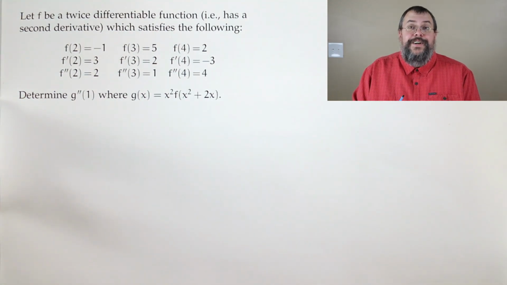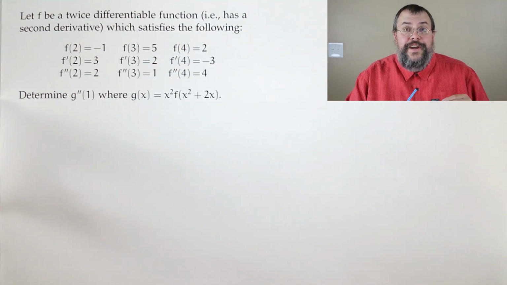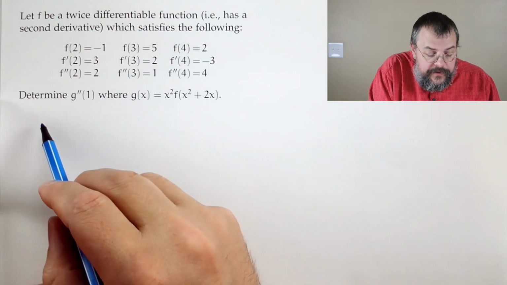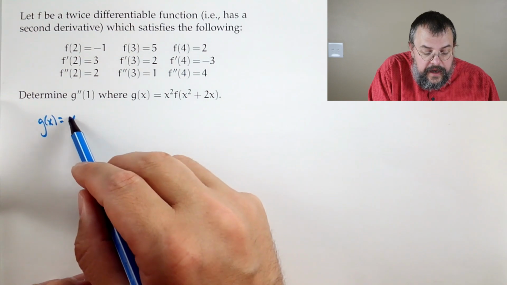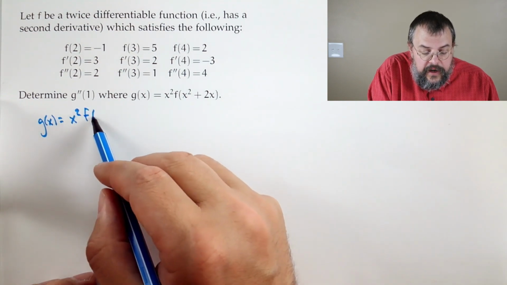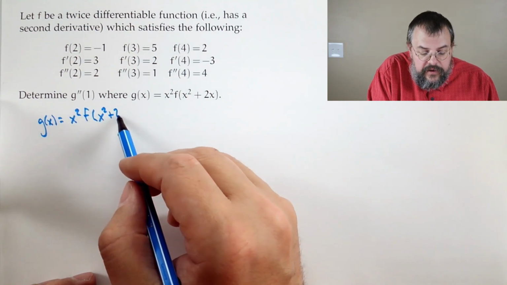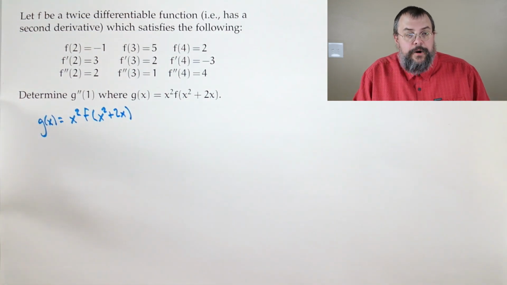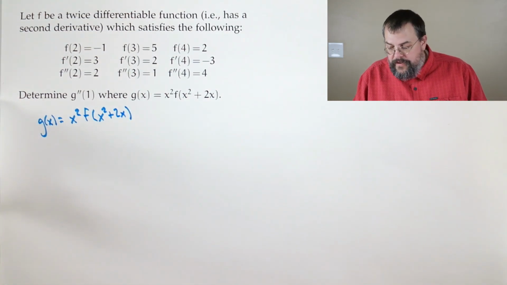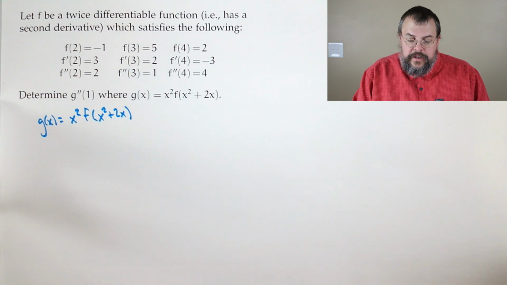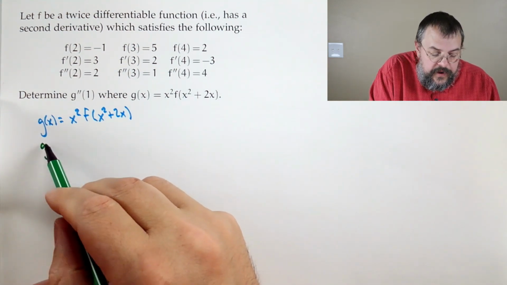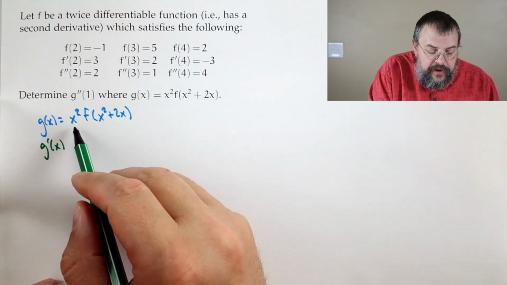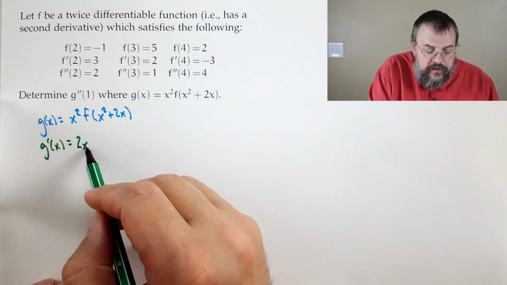All right, so let's go through it carefully. So we'll start with the function. g of x is x squared f of x squared plus 2x. Now we'll take our first derivative. All right, so nothing too surprising. So we'll start with the product rule. We're going to take the derivative first, which is the derivative of x squared is 2x.